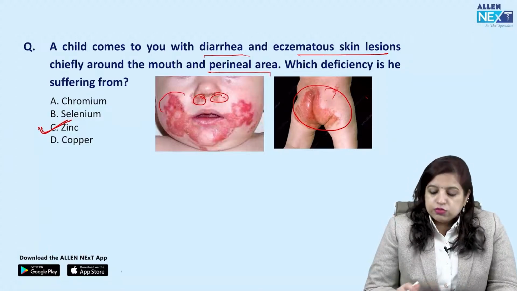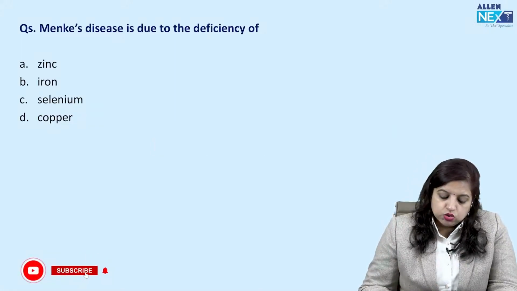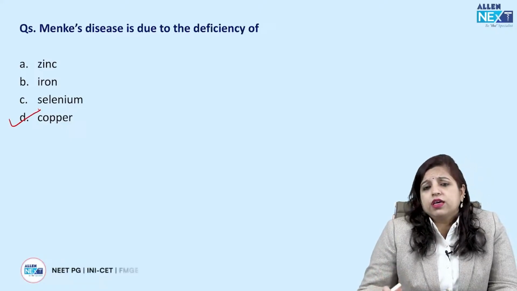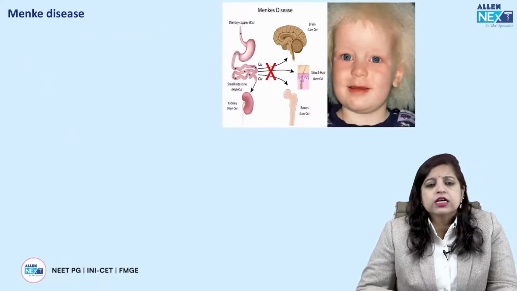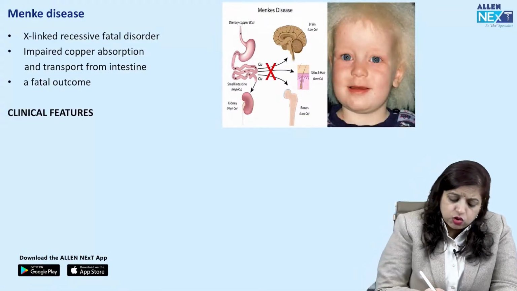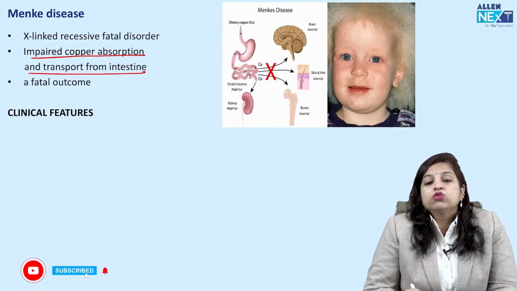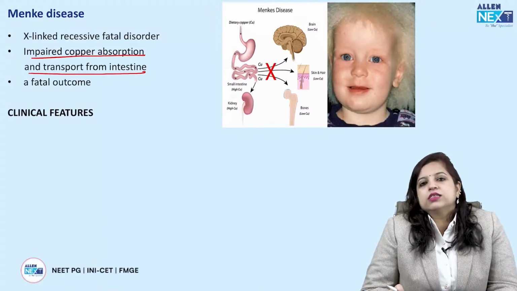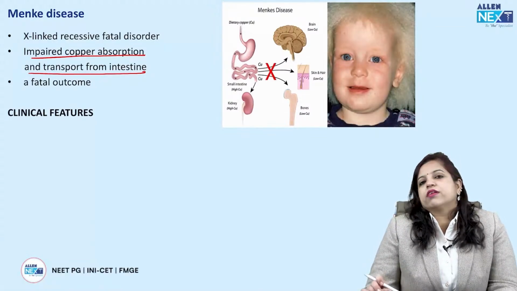Okay, now let us come to Menkes disease. It is due to deficiency of copper, we just saw. What is Menkes disease all about? Let us read up on that. Menkes disease, you should know, is an X-linked recessive fatal disorder because of impaired copper absorption and transport from the intestine. As you can see, even Wilson disease is because of impaired transport of copper.